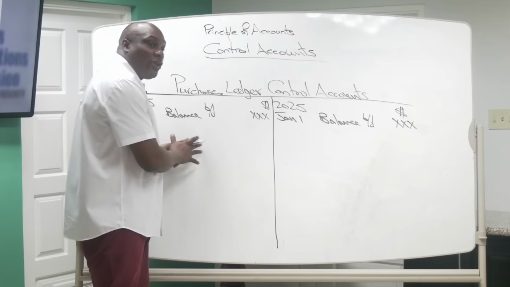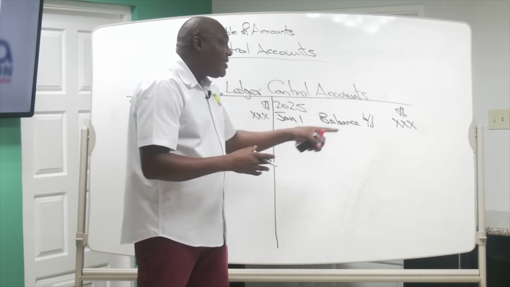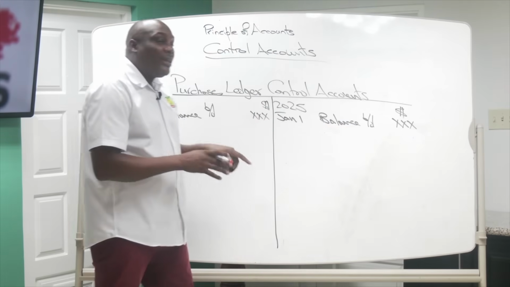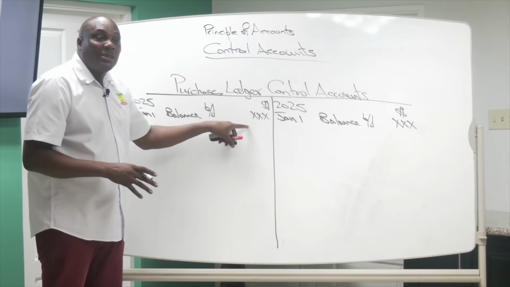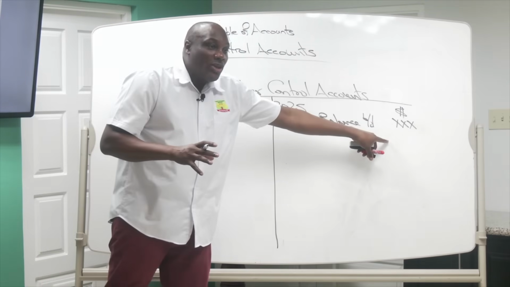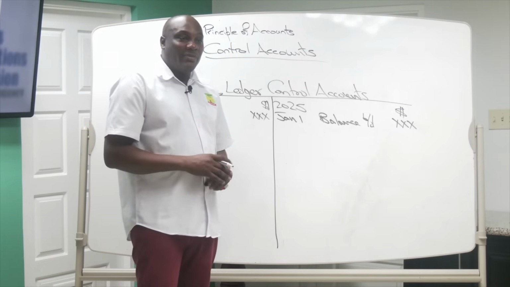Again, this is not the norm. Because of that, you will always notice that the figure for the credit balance of the purchases ledger control account is way larger than the figure for the debit balance, on the basis that the credit balance is the norm, the debit balance is the unusual activity.